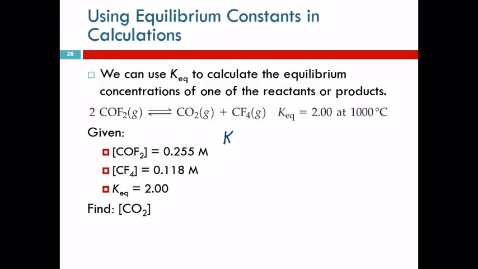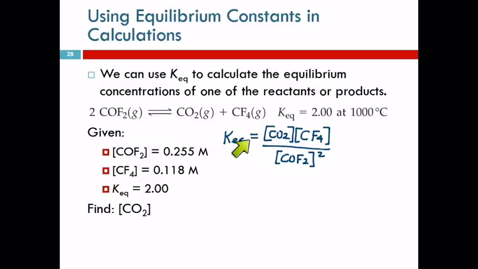So KEQ equals the products, CO2 times CF4, no coefficients, no exponents, divided by the reactants, COF2, and that is raised to the second power because there's a 2 here.